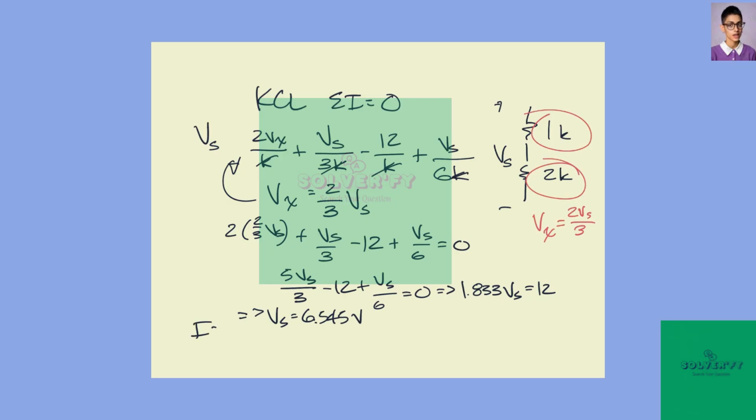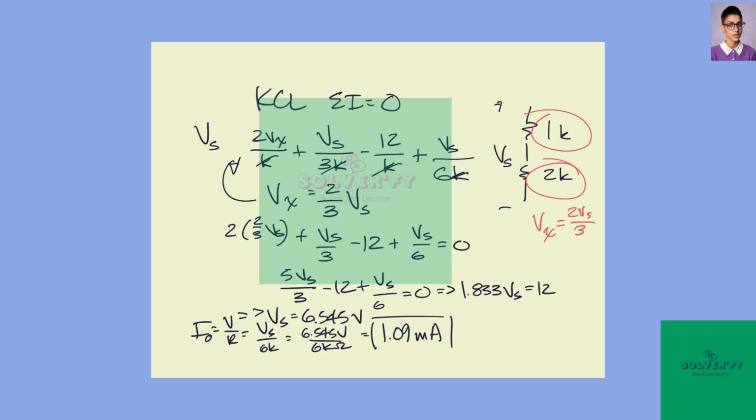Current is equal to voltage over resistance, my voltage is V sub s, and my R there is 6 kiloohms. So I have 6.545 volts over 6 kiloohms, and so my current, I naught, is equal to 1.09 milliamps.